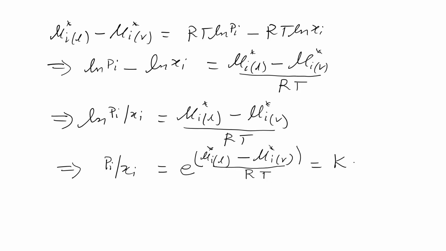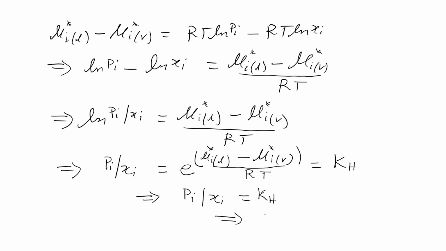So I am taking this as KH. Therefore, I can write Pi by xi is equal to KH, Henry's constant.